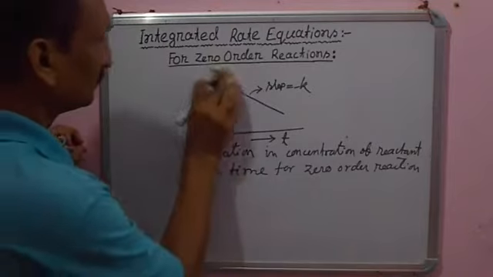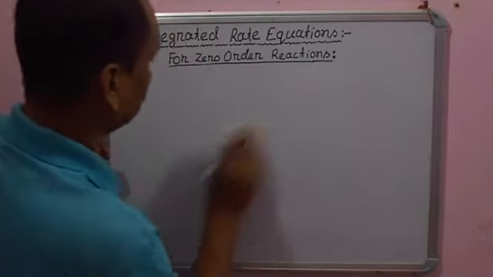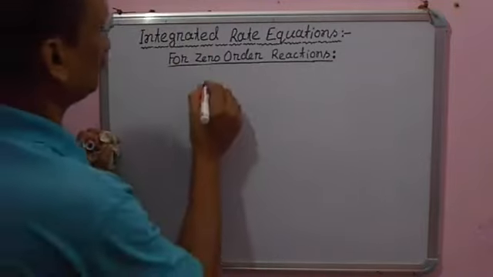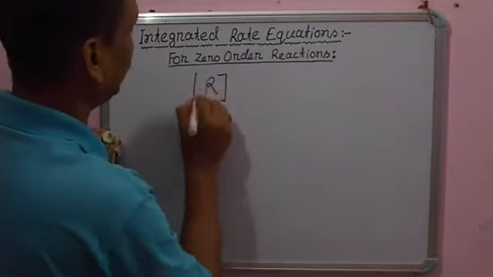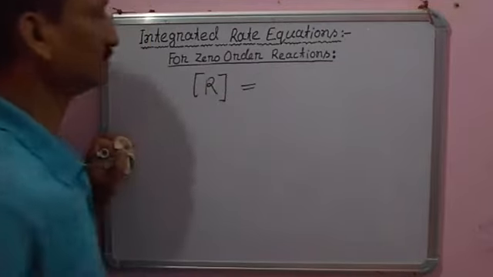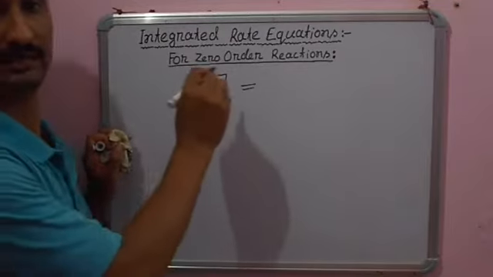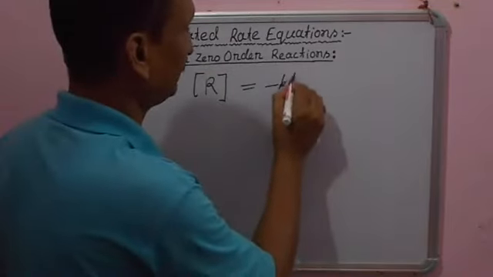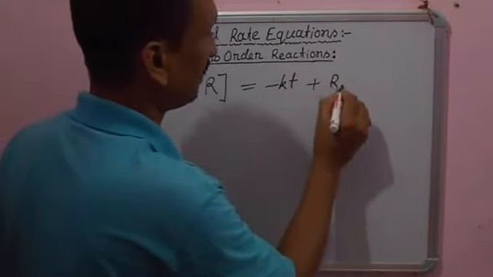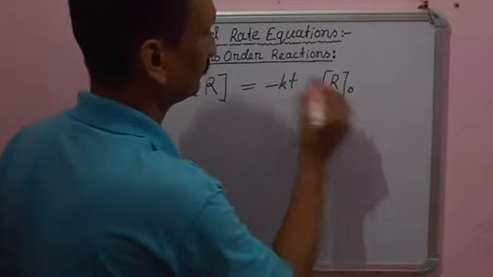Again, the straight line equation [R] equals minus kt plus [R]0.